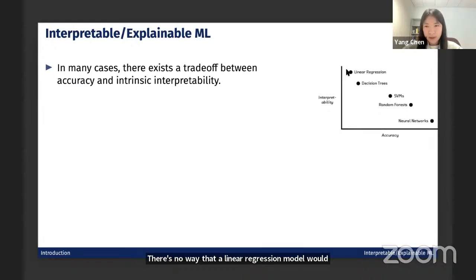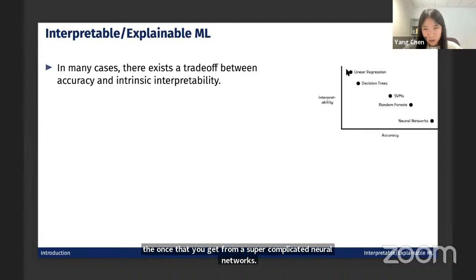But actually, in many cases, linear regression models can give very nice prediction results. Maybe the prediction accuracy is only 1 or 2% off from what you get from super complicated neural networks, but it's highly interpretable.